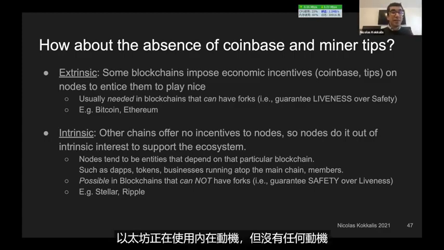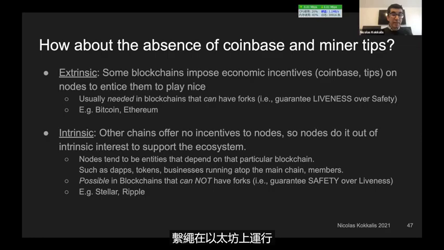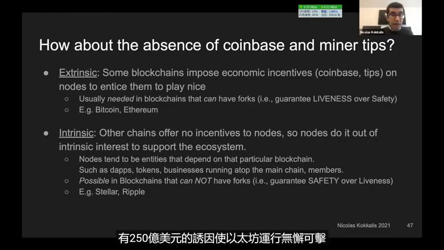But if Ethereum were using intrinsic motivations and it didn't have any block rewards, then think of a big token. There is Tether. Tether is running on top of Ethereum, and there is $25 billion worth of Tether being exchanged on top of Ethereum. So Tether Inc., the company that is running USDT, has a $25 billion incentive that Ethereum is running flawlessly.